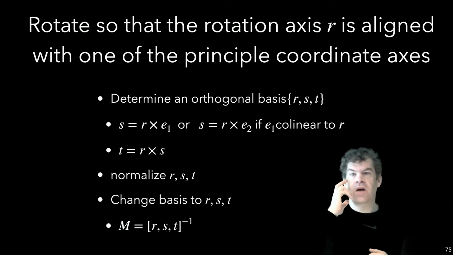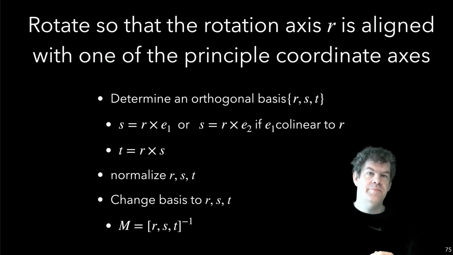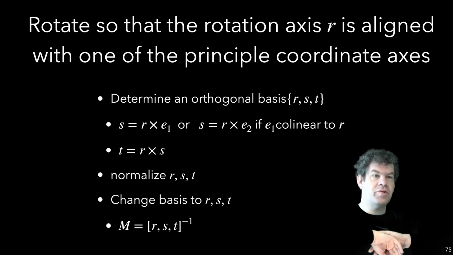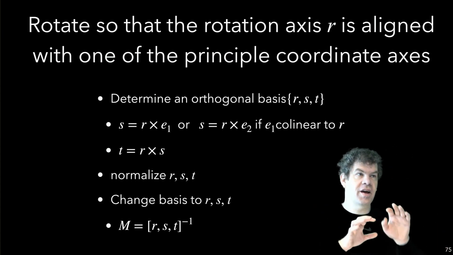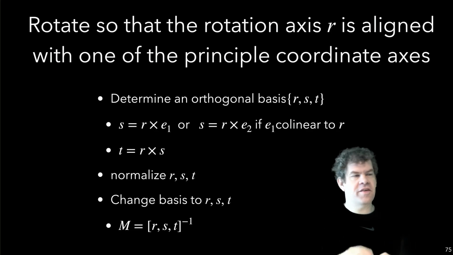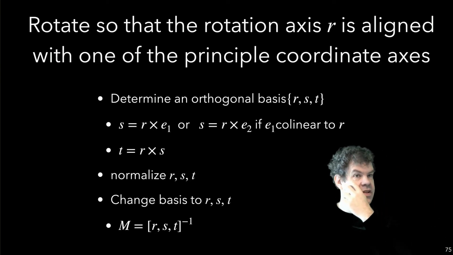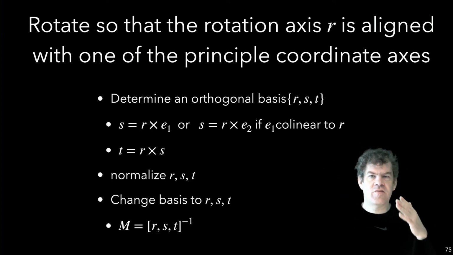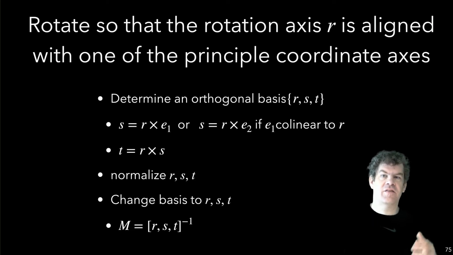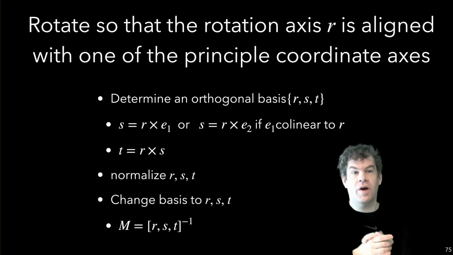So I compute R cross E1, and this will work 99% of the time just fine, probably 99.999% of the time. Except if for some crazy reason R happens to be E1, I happen to fly with my spaceship in the x direction. In that super rare case, I'll choose anything else that is perpendicular to E1, and that's E2. So long story short, I first compute a cross product with E1.